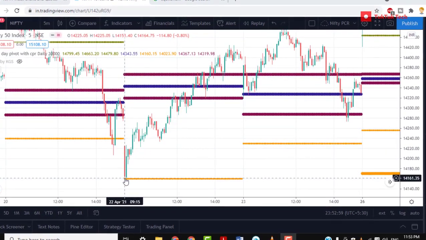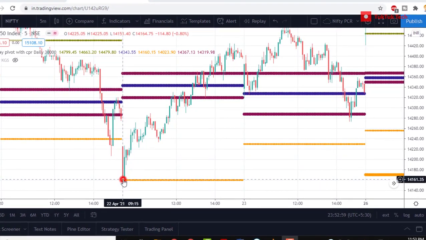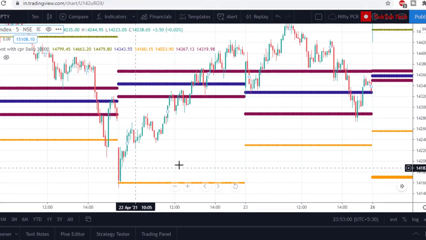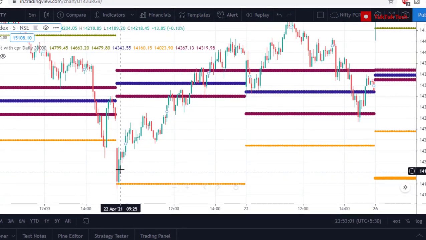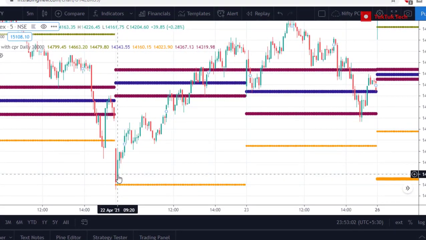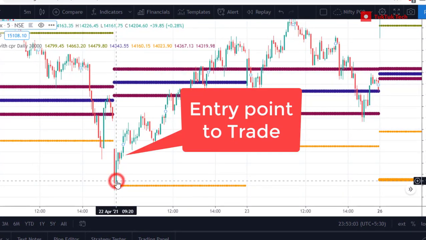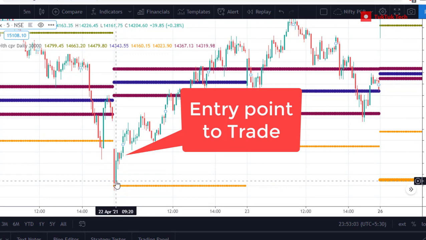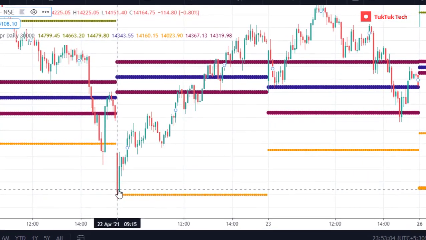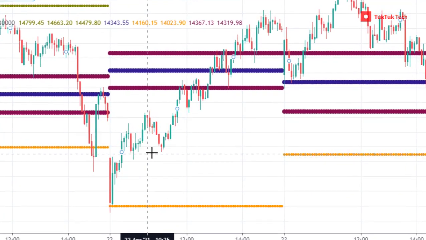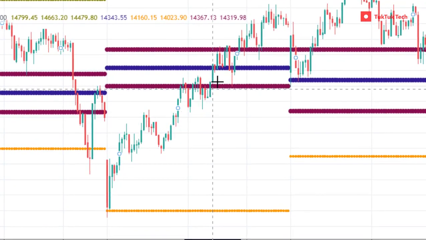However, opening candle closed above support 1 level. The next candle retested the support level, and it was unable to break support 1. Nifty then rallied back to the central pivot range.